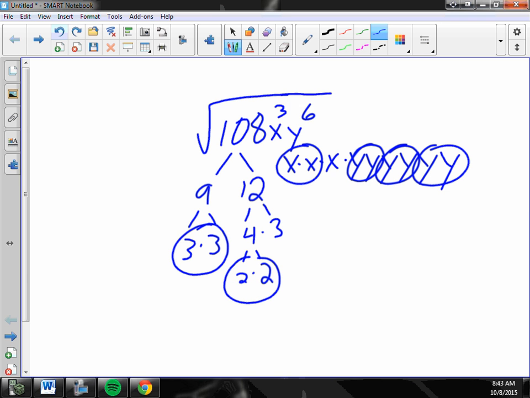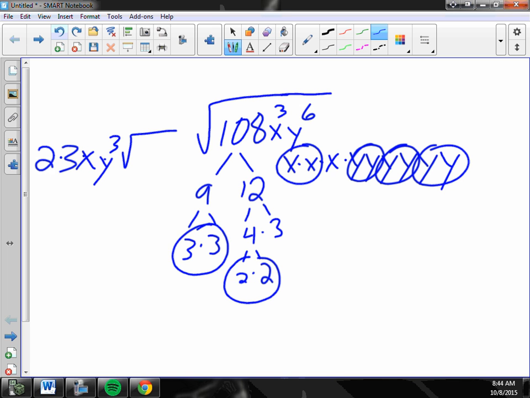Get it right, guys. So 2 times 3 times x, x to the first, right? For every 2 x's inside, I bring 1 out. So x times y to the third.